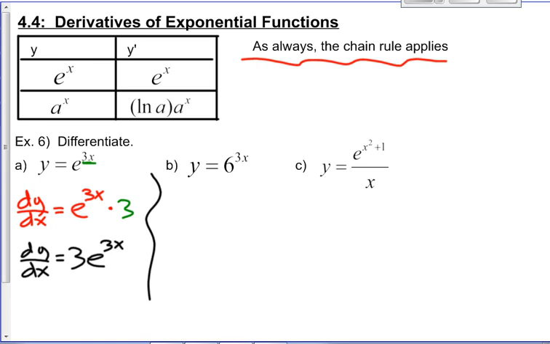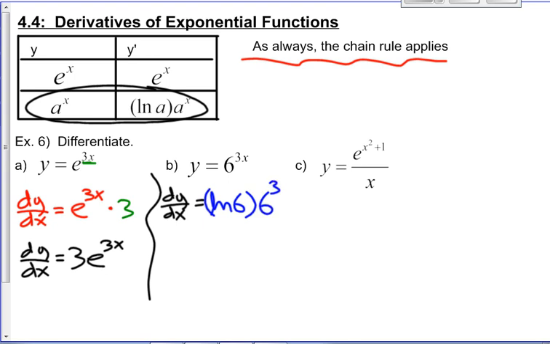If we try one that has a different base, we've got 6 to the power of 3x. We're using this rule here. All the properties stay the same. We just need a ln 6, or natural log of 6, out front. Okay, so to deal with that 6, we have a ln 6.